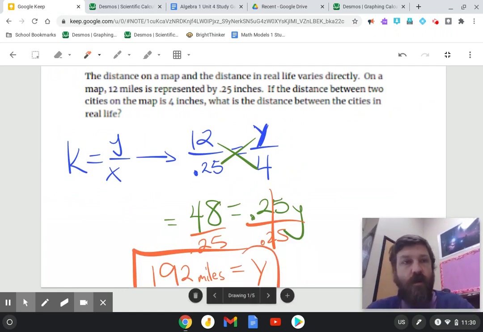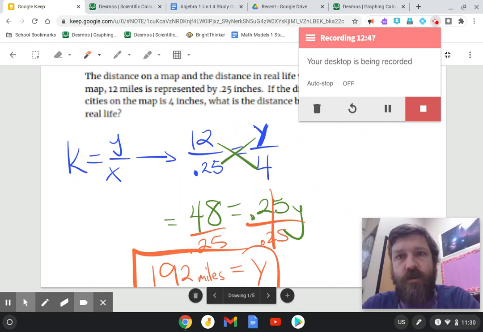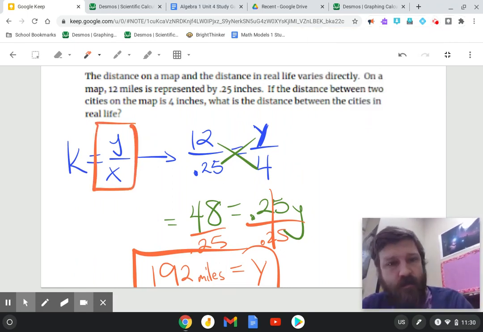Pretty much straightforward direct variation problem, just kind of disguised as a word problem. So just make sure that you're remembering to use this part of the equation when you go plug everything in.